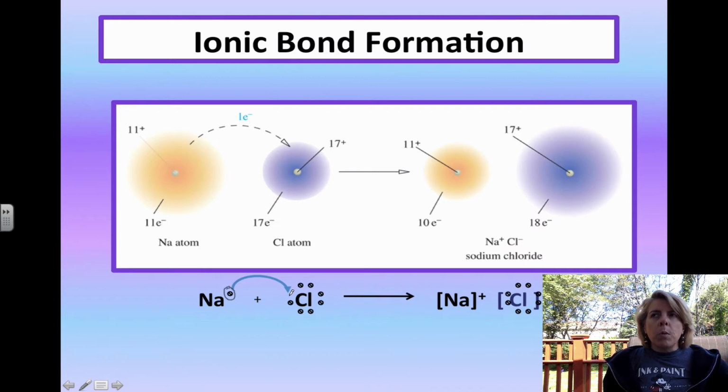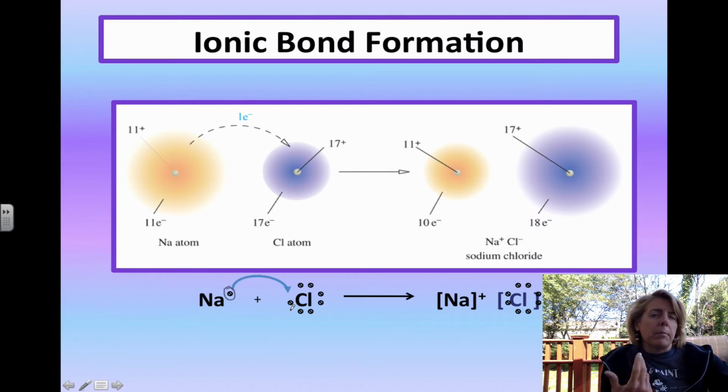The goal for most nonmetals is to have 8 electrons. When they form the anion, they want to have 8 electrons around them, and we use this notation to determine how many electrons the nonmetal has. Notice that after sodium donates its electron, it gets a positive charge.